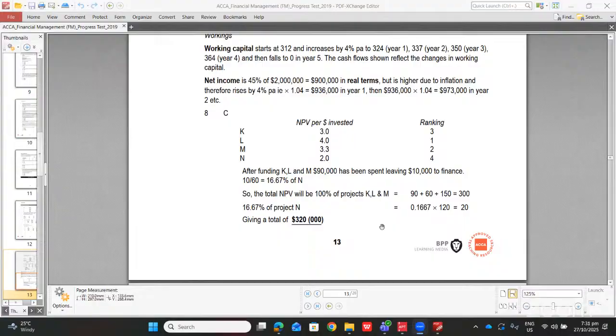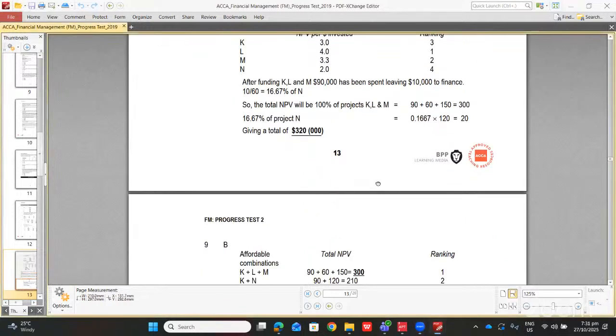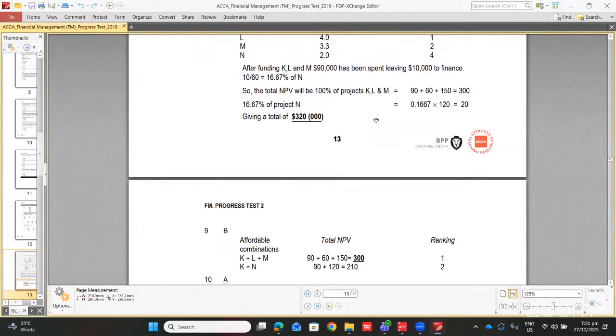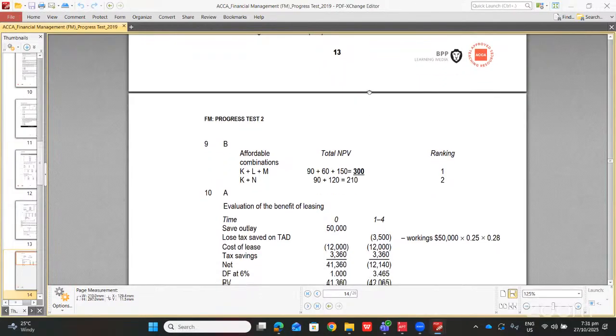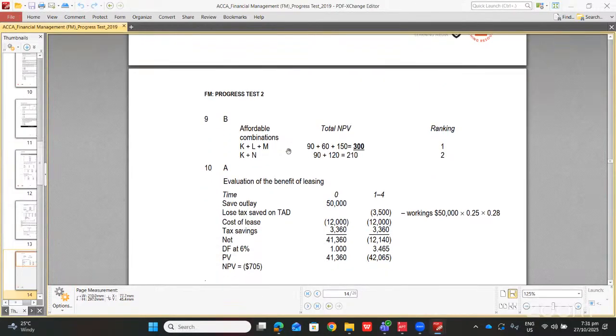That is assuming that they are divisible. Question 9 now, again, that one shouldn't take much time. It says, what will be the best NPV attainable, assuming that they are indivisible, meaning you can't divide the projects. So you're going to now look at the best combination. When you combine K, L, and M, you get 300,000. That is $90,000 you spend, and that's it.